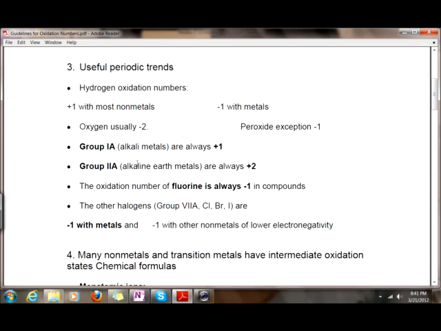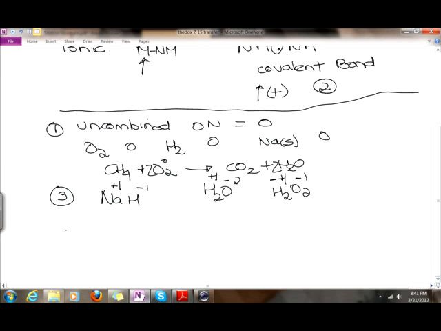The following is that fluorine is always -1. This is a very useful trend. Fluorine is -1 always.